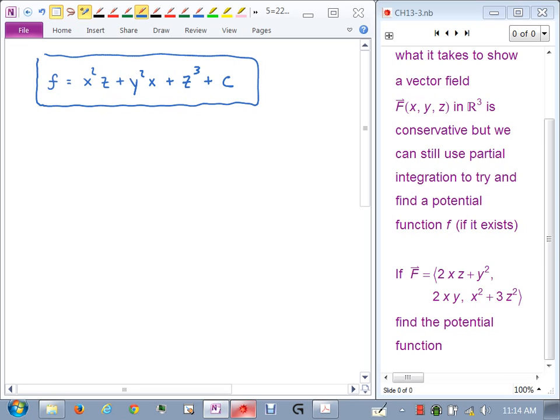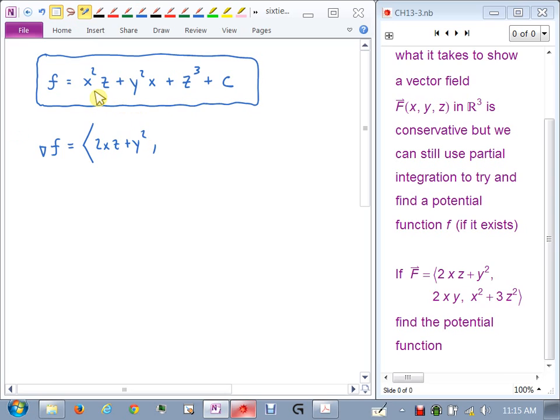How could I check it to see if it's correct? Just compute the gradient. The gradient is a vector. The first component is the partial of this with respect to x, which would be 2xz plus y squared.